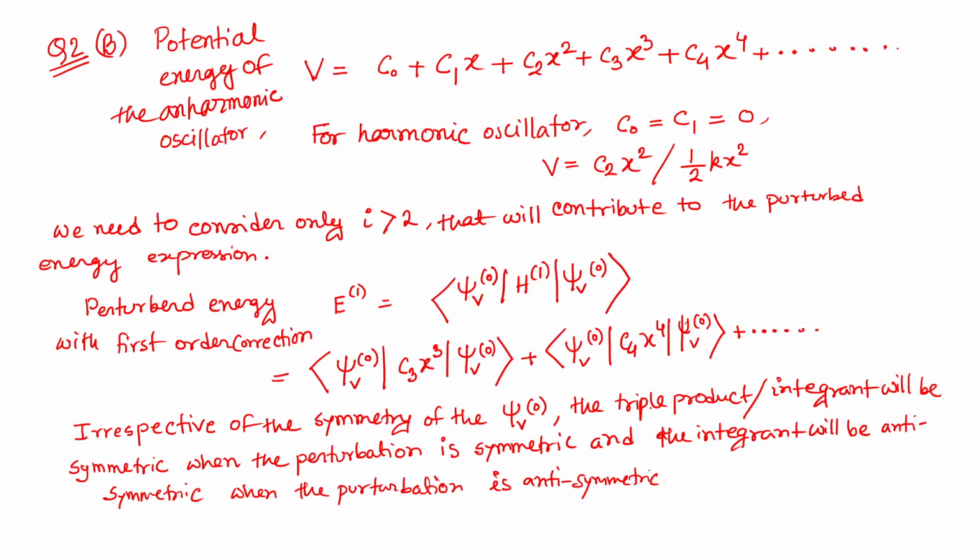Because psi v 0 whether symmetric or antisymmetric will lead to a symmetric square. It will depend on the symmetry of the perturbation only.